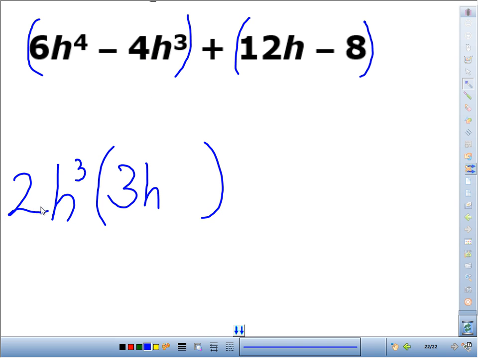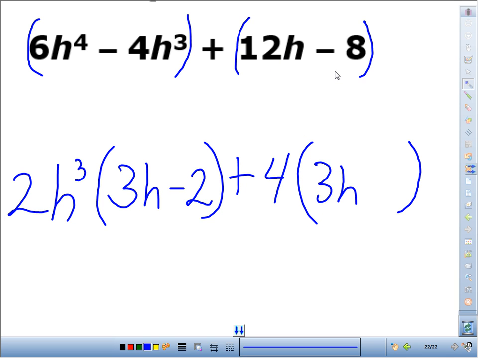Negative 4h cubed divided by 2, that's negative 2. Are we there so far? Bring down the plus. What is the GCF for this one? 4, and what's left? 12h divided by 4 is 3h. Negative 8 divided by 4, that's negative 2.